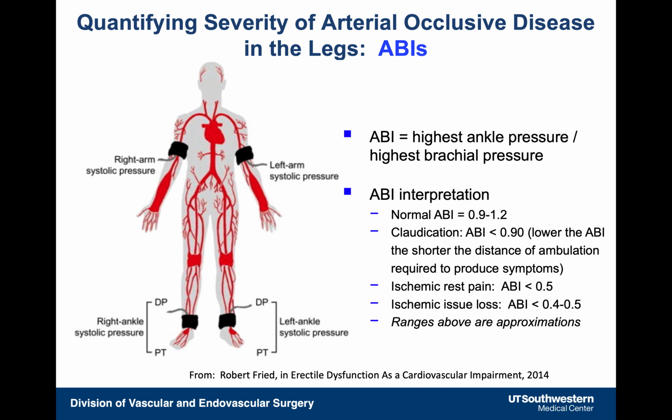When the ankle brachial index drops below 0.9, you can have claudication. Now, what's interesting is that most patients won't experience claudication at an ABI of 0.85, for instance. And the reason for this is that those patients would need to walk perhaps a mile or more to develop calf or thigh pain and claudication symptoms.